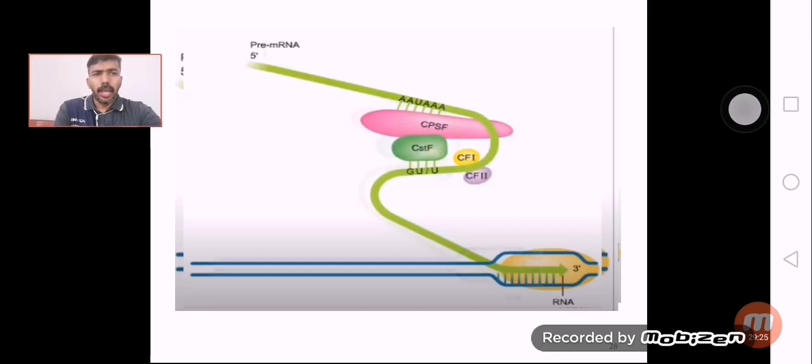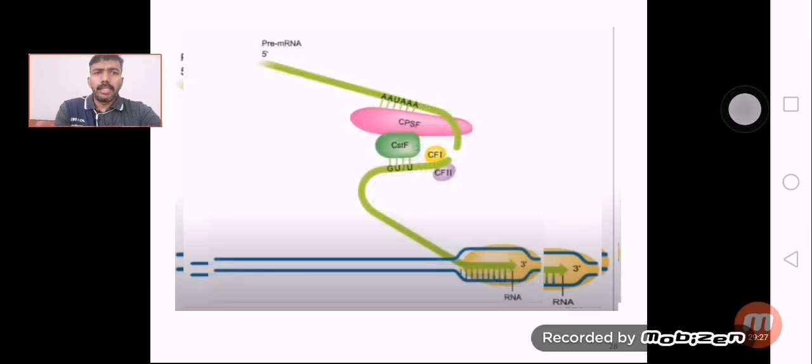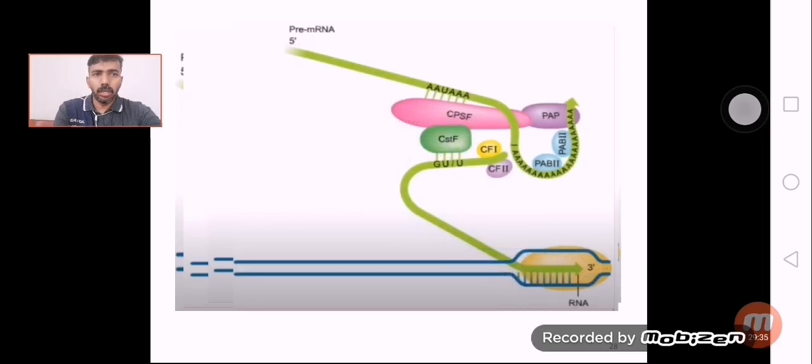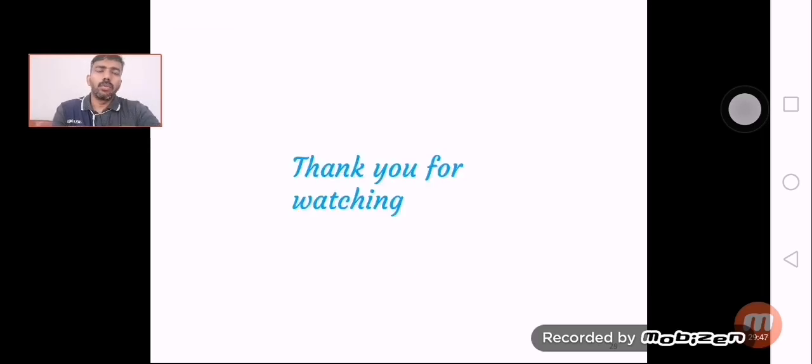And then there is cleavage, and once the cleavage is done, there is binding of poly-A polymerase and other associated proteins required for the polyadenylation process, and polyadenylation goes on. You can see there is addition of adenine residues. Usually around 80 to 250 adenine residues will be added at the end, and that's all for the termination. I hope you understood the mechanism in eukaryotes.